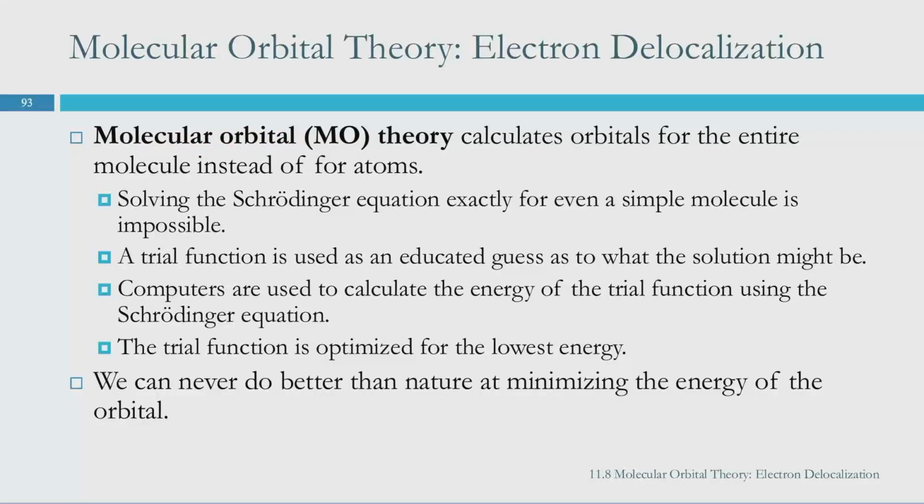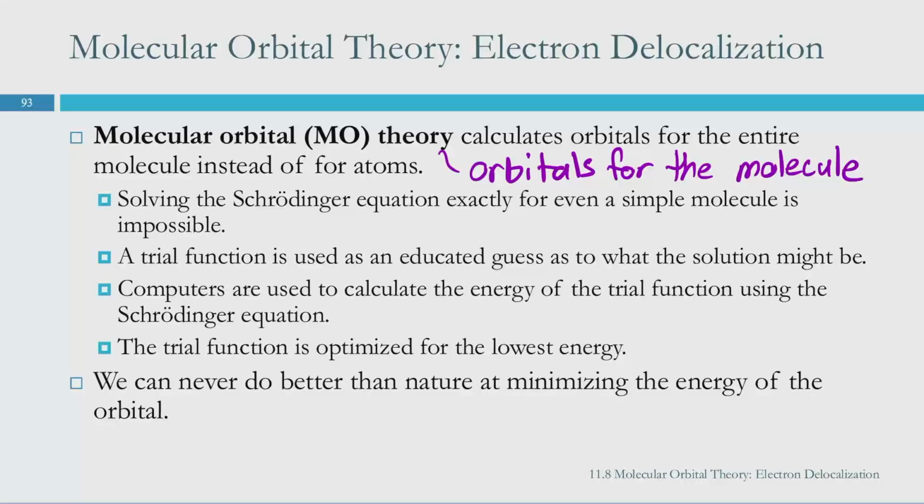So valence bond theory, we just hybridize our central atom. In molecular orbital theory, we're doing orbitals for the entire molecule instead of for atoms. So this is orbitals for the molecule. We are going to be sticking to simple cases for molecular orbital theory.